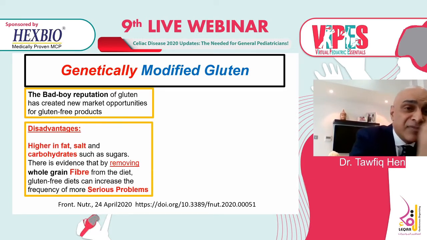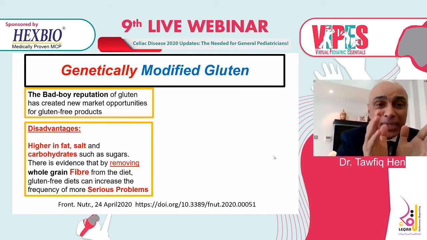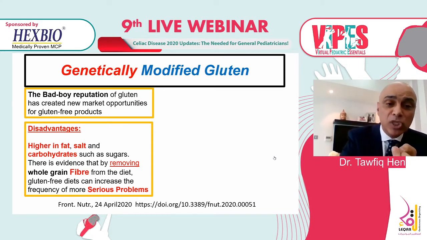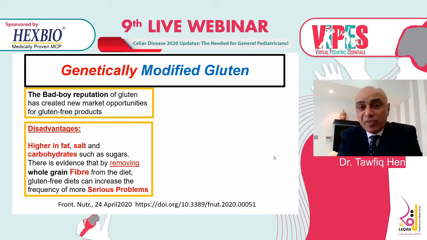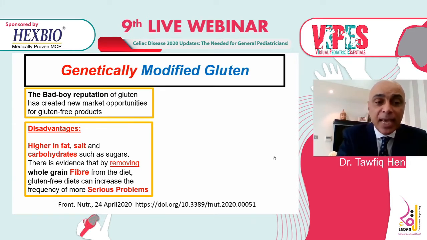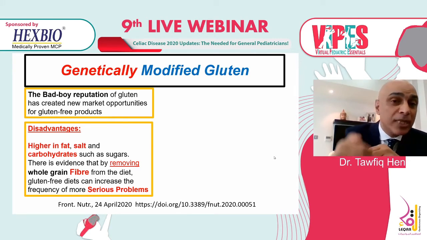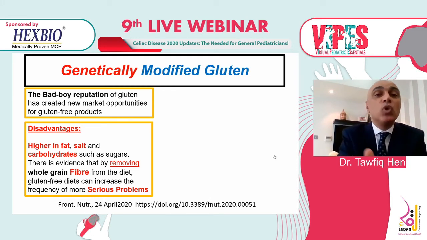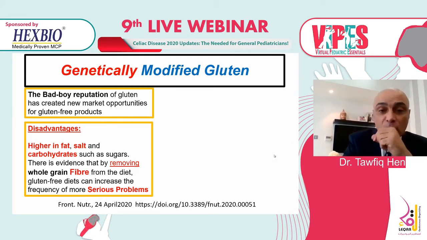Not only the disadvantages that I mentioned, but these gluten-free products are higher in fat, higher in salt, and in carbohydrates such as sugars. Also, when we remove the whole grain, you have less fiber in the diet. And this will cause more serious problems like constipation, cancers, and other problems. So gluten-free diet is not heaven as we thought before.